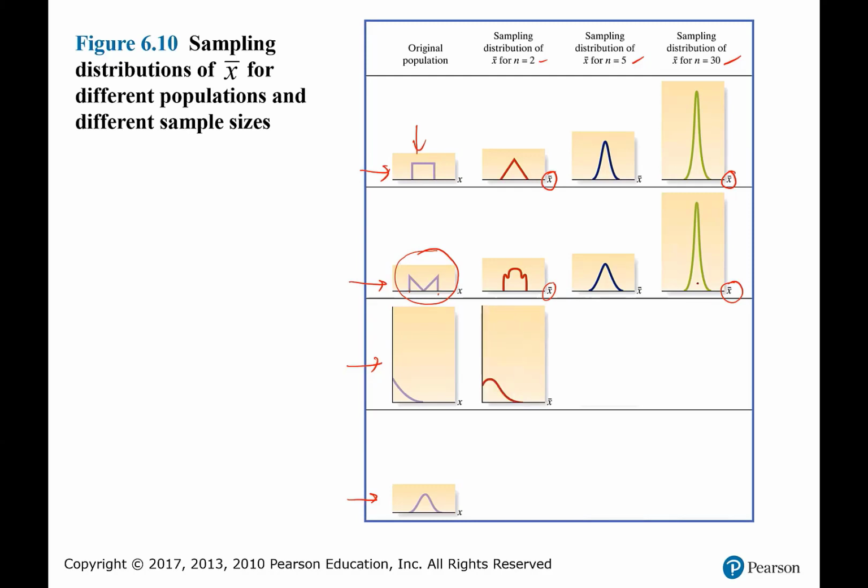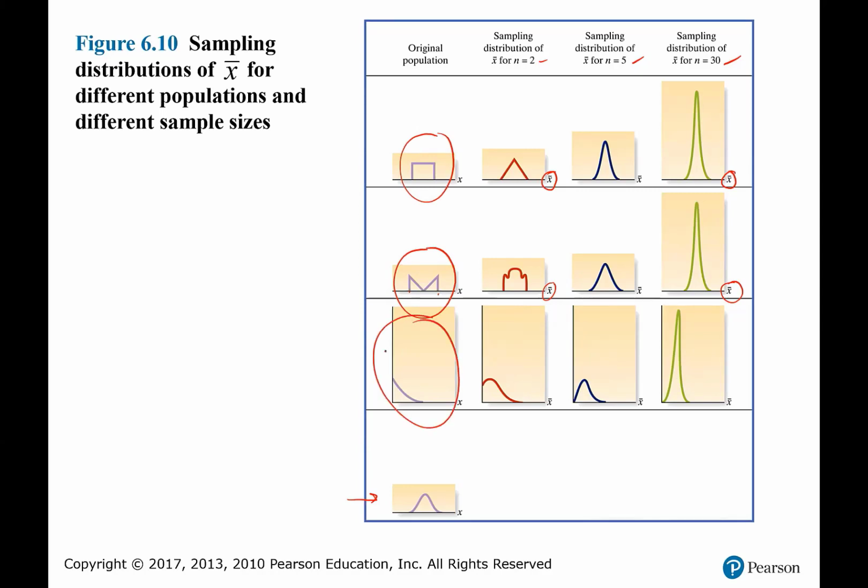With sample size 2 and sample size 5, and in this case 30, it is normal. And you see, any distribution could have this shape, or this shape. When I analyze the sampling distribution, when my sample size is bigger than 30, all of them will become normal.